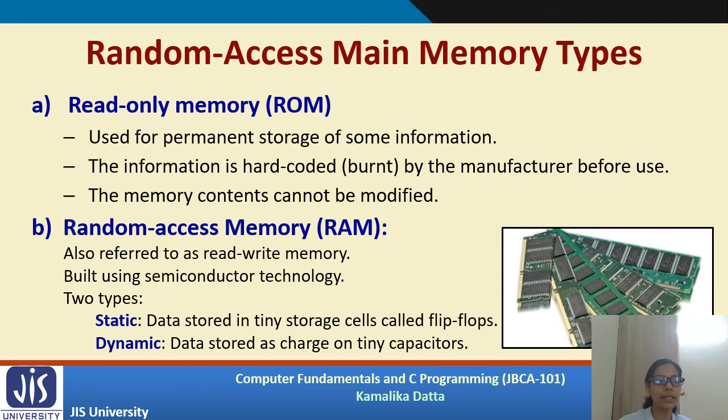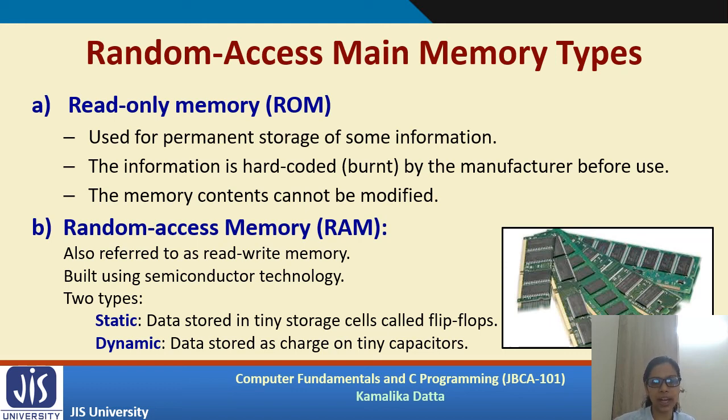But later we saw that the use changes, the requirement changes, and we need various other kinds, right? Programmable read-only memory, called PROM. Then we have erasable programmable read-only memory. Then we have electrically erasable programmable read-only memory. We'll see all these different varieties of ROM in detail in the in-class lecture.